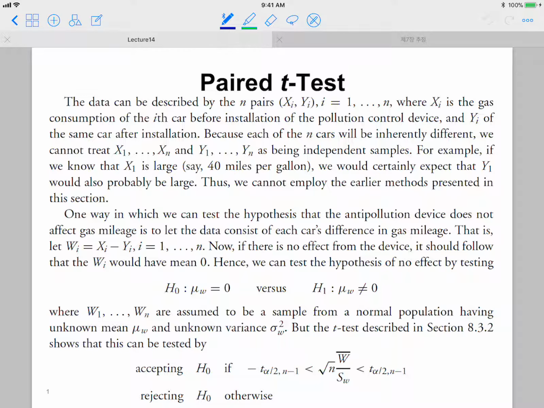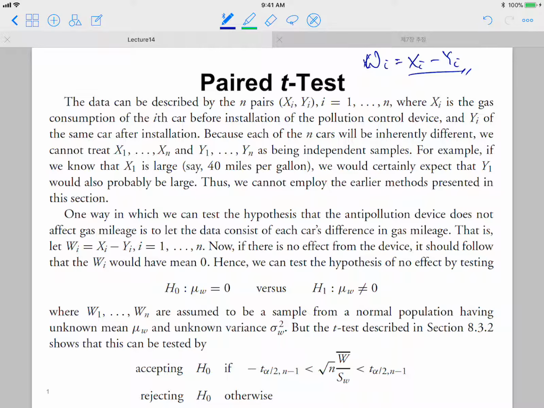Yep, and thus we basically compute this wi, which is xi minus yi, which can be viewed as maybe the height difference of the same person among the 10 people who moved from Korea to the US.